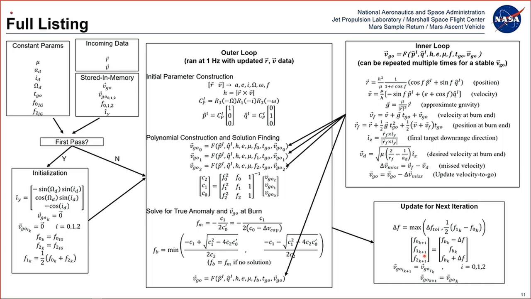Then on the next iteration, you're adjusting your polynomial bounds to be around your burn polynomial. You set your updated VGOs and you can just chill for an entire second on the flight processor and get ready for the next iteration.